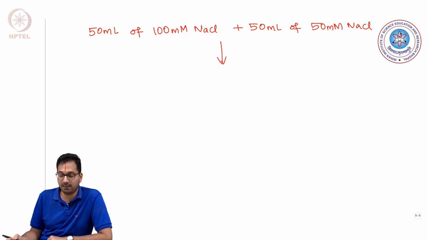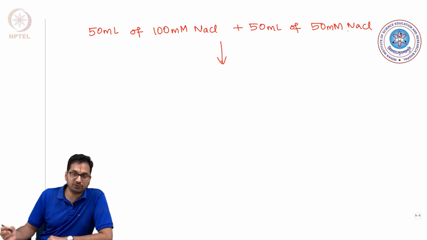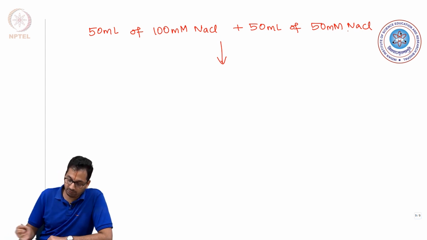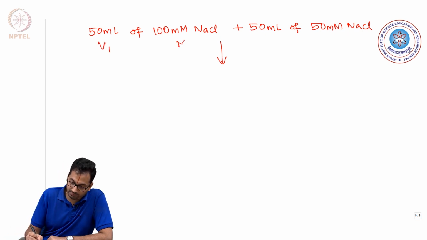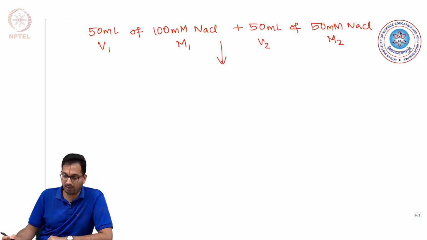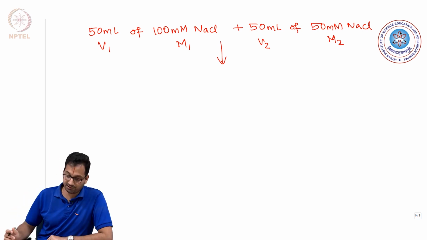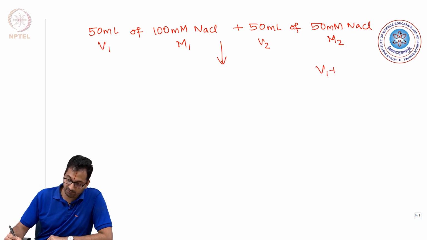You are able to understand that the amount of sodium chloride is indeed increasing. Let us say this is V1 M1 and this is volume 2 molarity 2. You are adding volume 1 and volume 2 to get volume 3. We are of course assuming that the volume does not change in such a process. Basically we are adding V1 to V2 to get V3, and you are asking what is the molarity of the final solution.